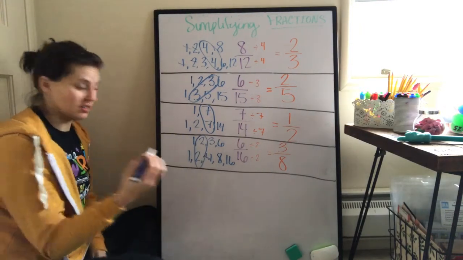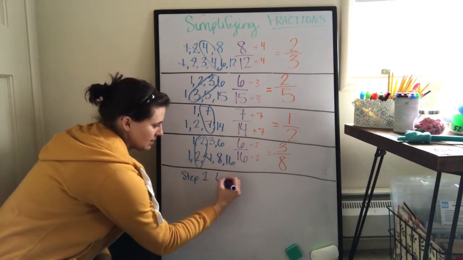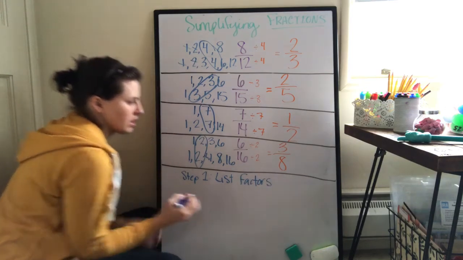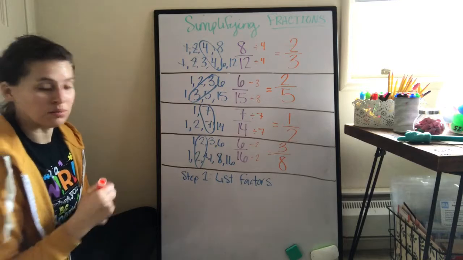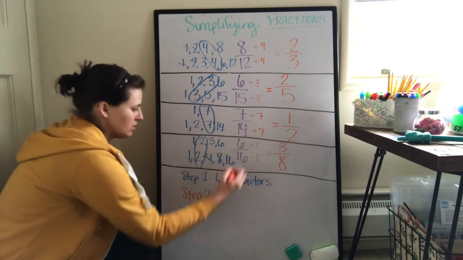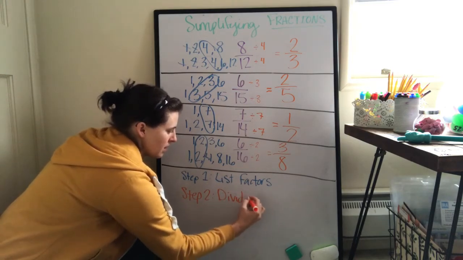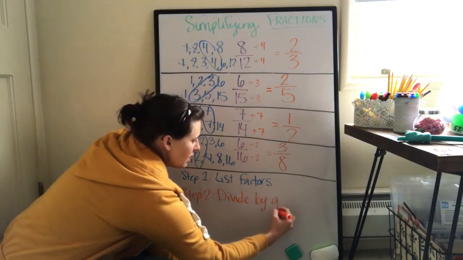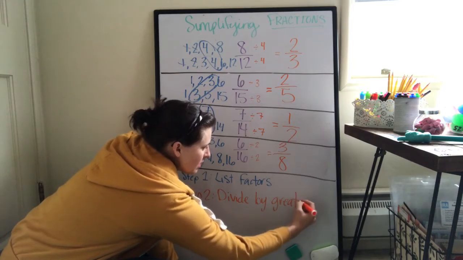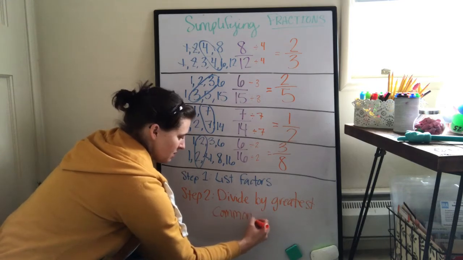You have our fractions, so step 1 is going to be list factors. Okay? And step 2 will be divide by greatest common factor.